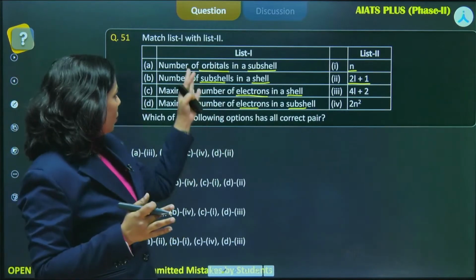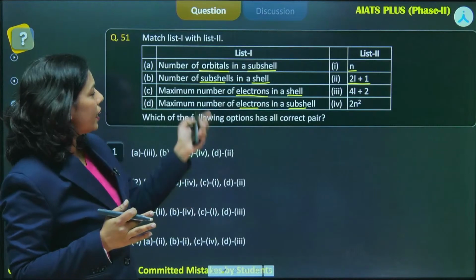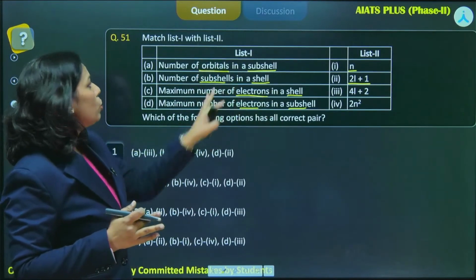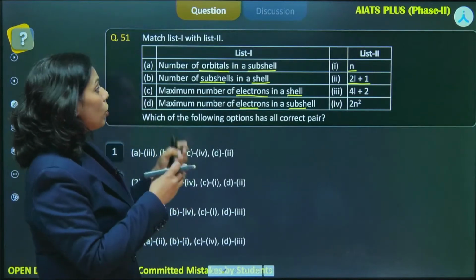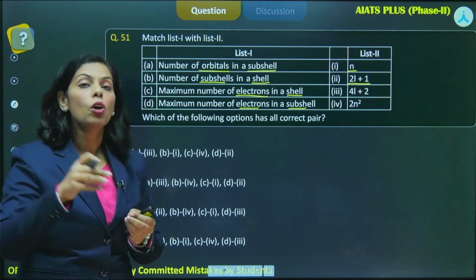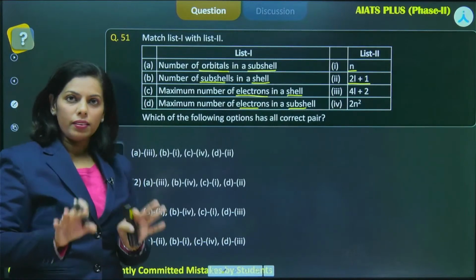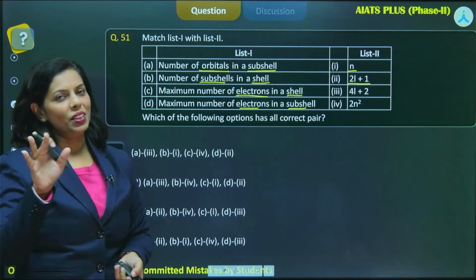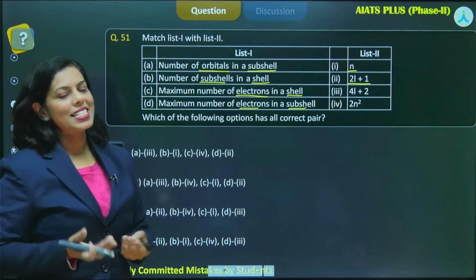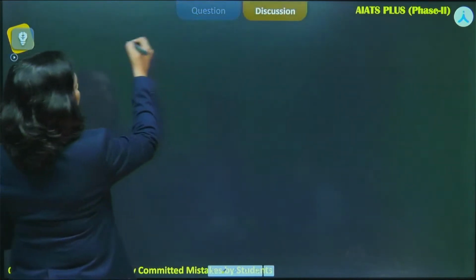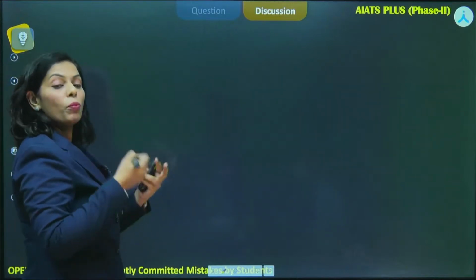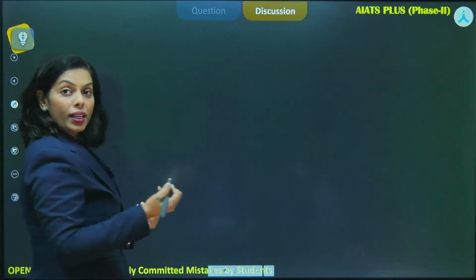So what I observed so far is that they are talking about the distribution of electrons in the shell or subshell, and simultaneously the presence of subshells in a shell or orbitals in a subshell. This question is related to the topic of structure of atom. Now, I know that you have studied structure of atom carefully and are able to understand the important concepts.